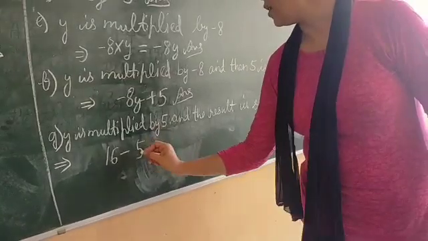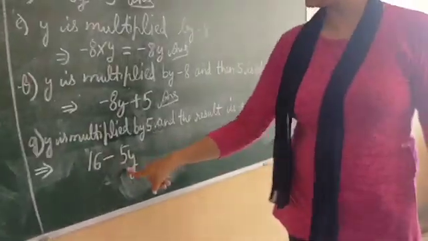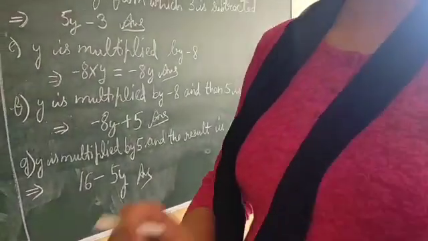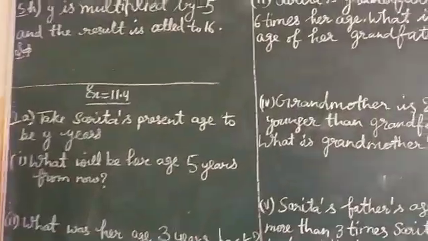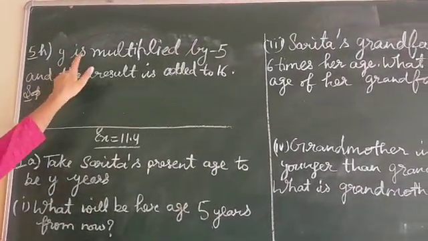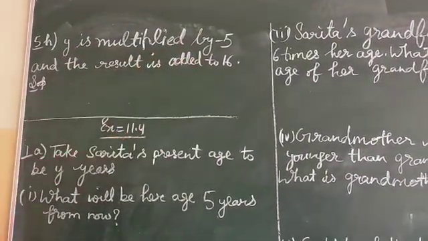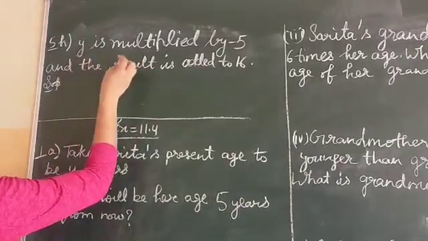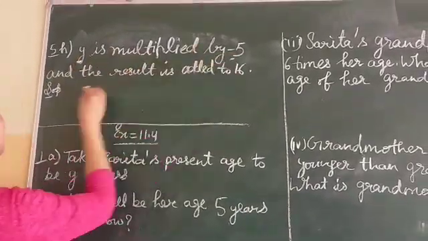It will be 5y. So this result is subtracted from the 16. Now H part of fifth question. Y is multiplied by minus 5 and the result is added to 16. So y multiplied by minus 5.